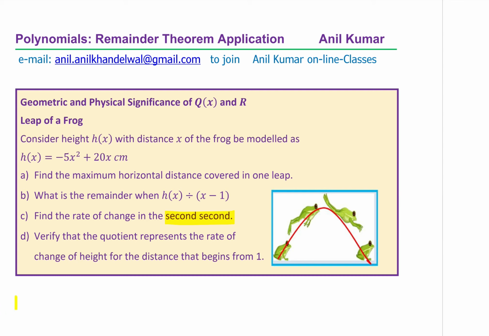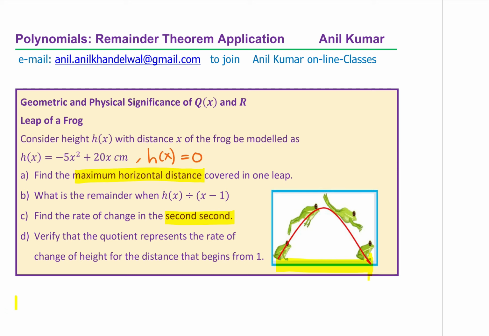So let us look into the approach which we are going to adopt here. Clearly, h of x is given to us, and to find the maximum horizontal distance, we are looking into this position, right? So from 0 to that position. At this maximum horizontal distance, as you know, h of x will be equal to 0, right?